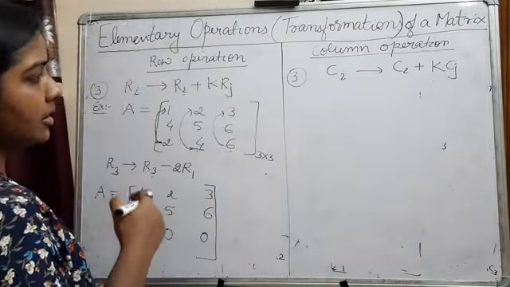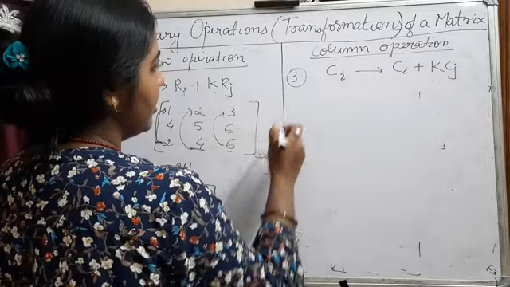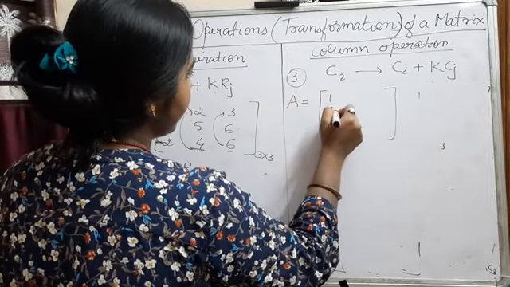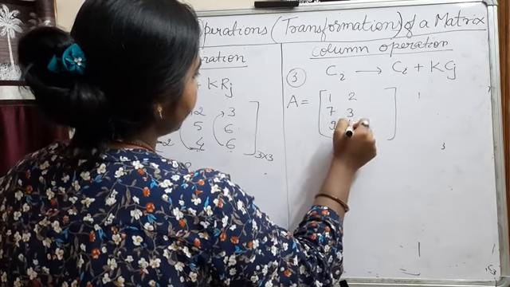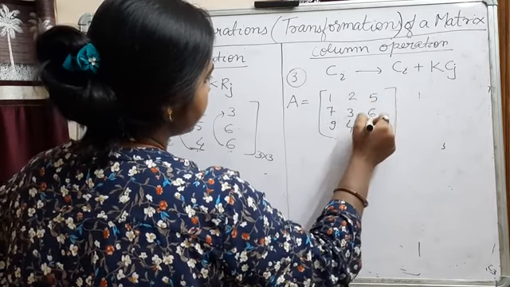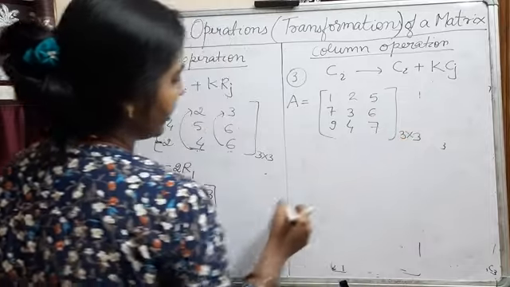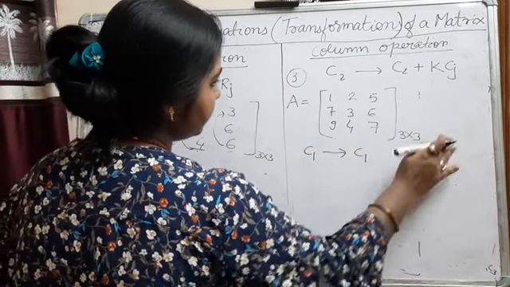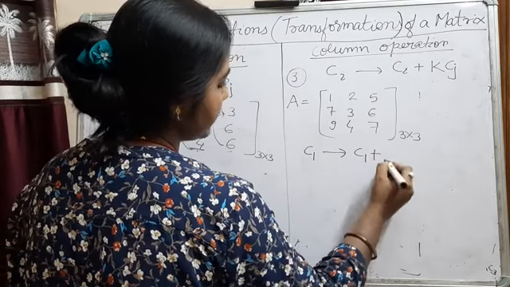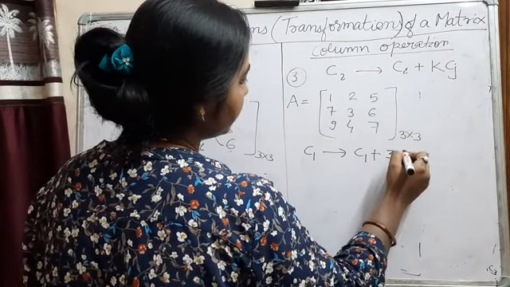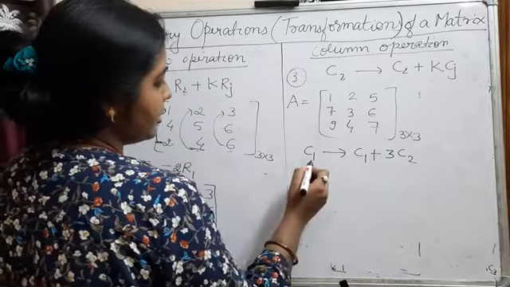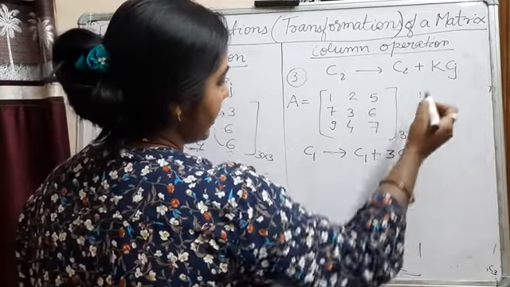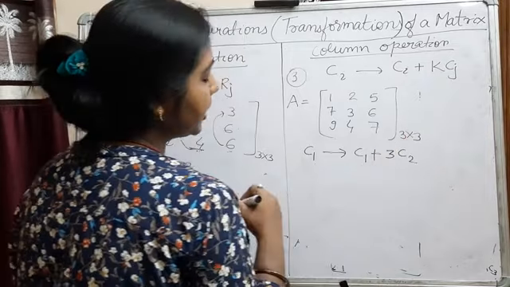Same pattern you can see, just applying in columns. So the example I am taking here is 1, 7, 9, 2, 3, 4, 5, 6, 7, of 3 by 3 order. C1 tends to C1 plus 3 into C2. C1 I have taken, then here also the same, j I have taken 2 and K I have taken 3.